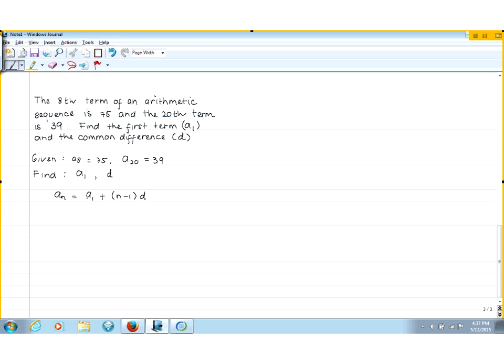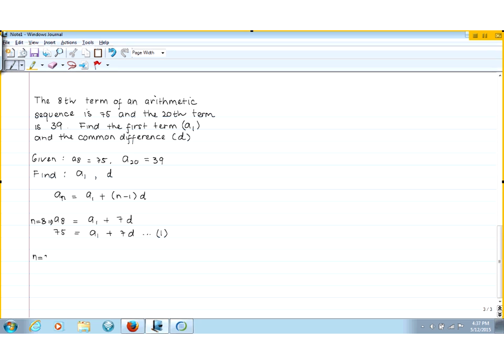AN is equal to A1 plus (N minus 1)D. So I could use it for A8 and A20. When N is equal to 8, A8 is equal to A1 plus 7D. So in this case, A8, we know it's 75, is equal to A1 plus 7D. So this is my first equation.